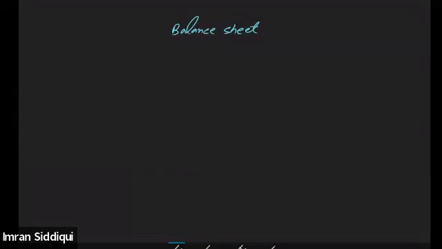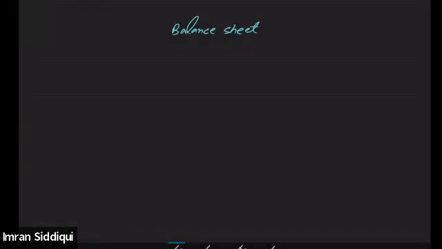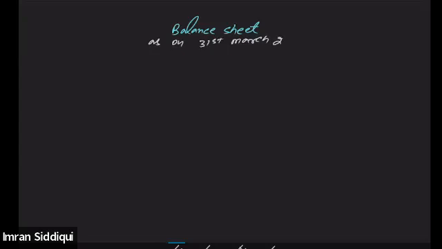So first of all, we'll start with the format of the balance sheet. We'll write down balance sheet as on 31st of March 2019.